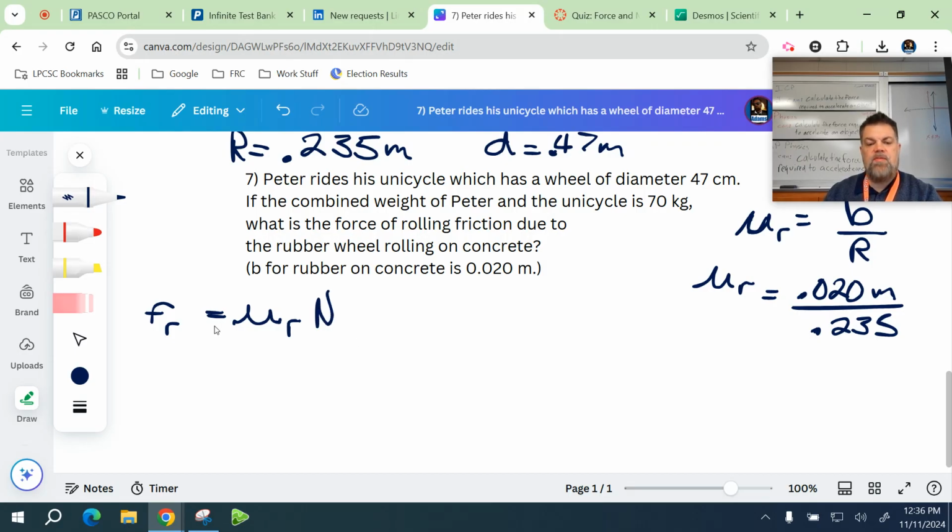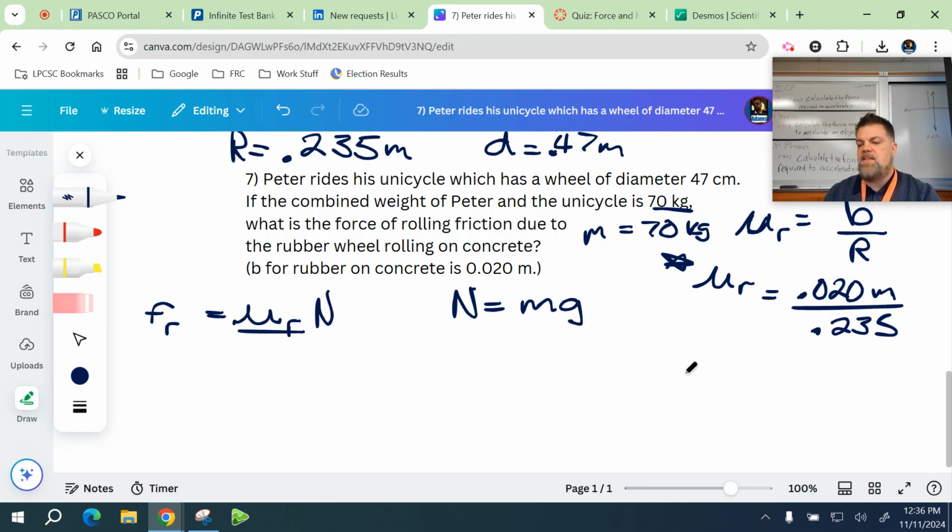I always say think of fun. And also remember that the normal force is the mass times the acceleration due to gravity. So I needed this to plug in here. Now to find the normal force, because they've given me the total mass, the mass is equal to 70 kilograms. Oh, wait, I still got to finish this.